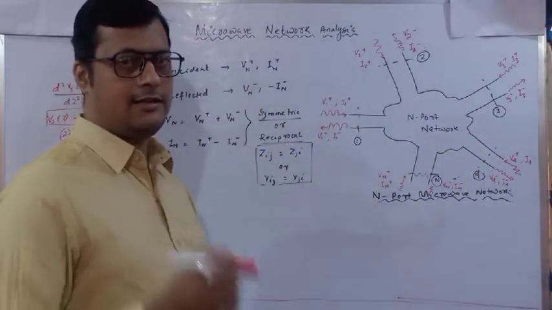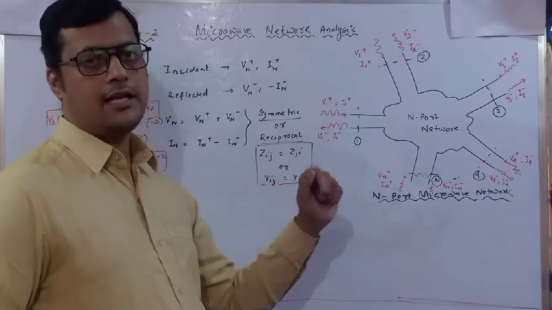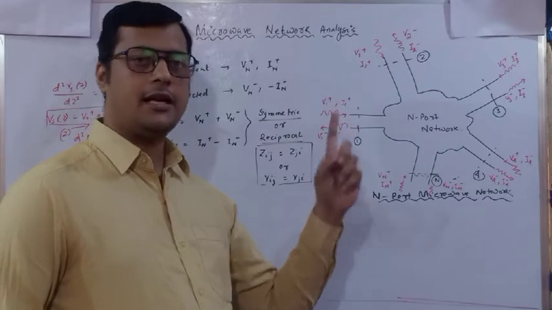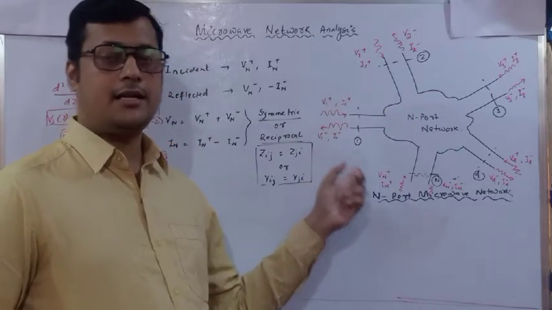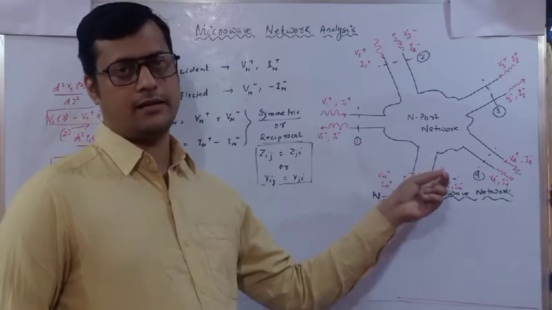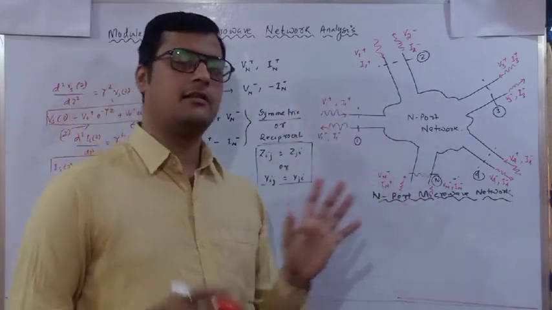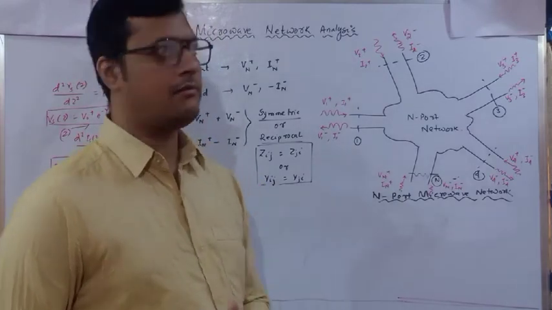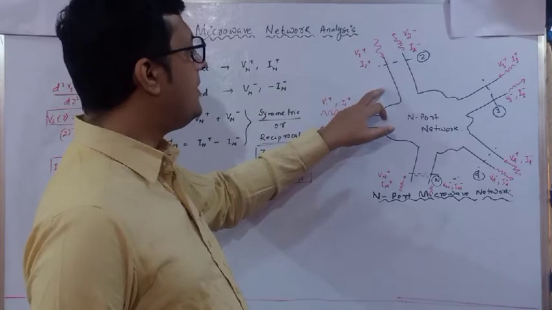Let's see. At port 1, the incident potential and current I have represented as V1⁺ and I1⁺. The reflected potential and current I have represented as V1⁻ and I1⁻, because at this port the incident and reflected potential and current are available. Similarly for port 2, here you can see the wave is entering this port.